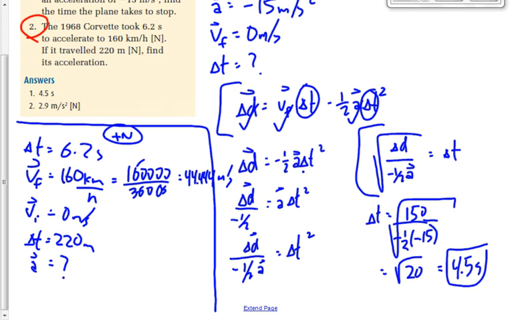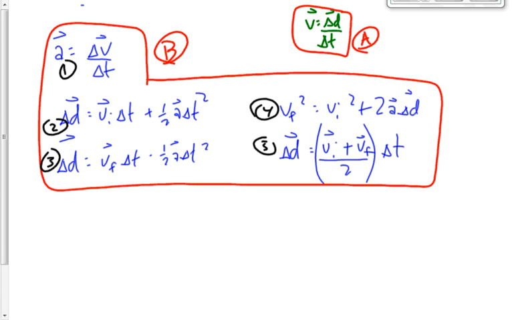You want to find A, you got T, you got VI, you got VF. Which one do you want to try here? Let's try the third one.